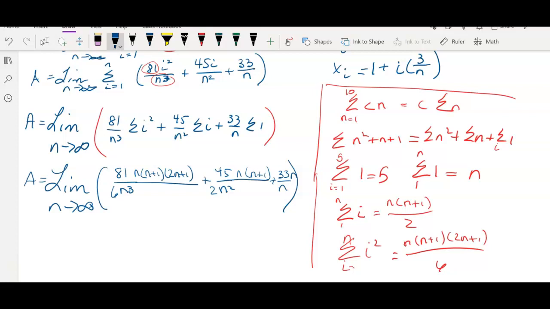When we work with limits like this, what are the only pieces we actually cared about?